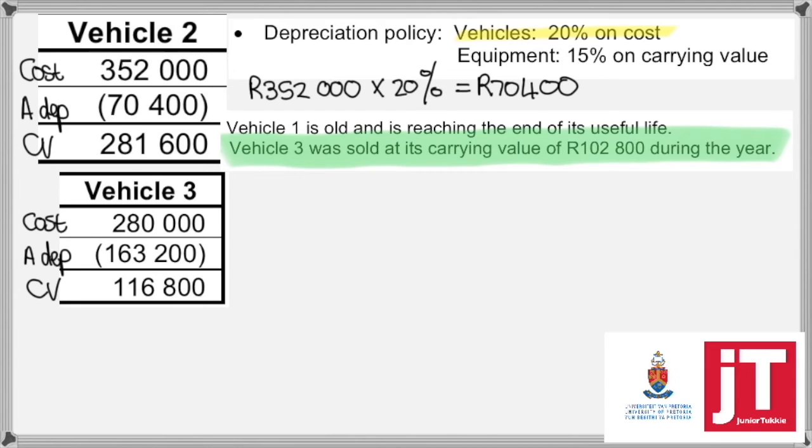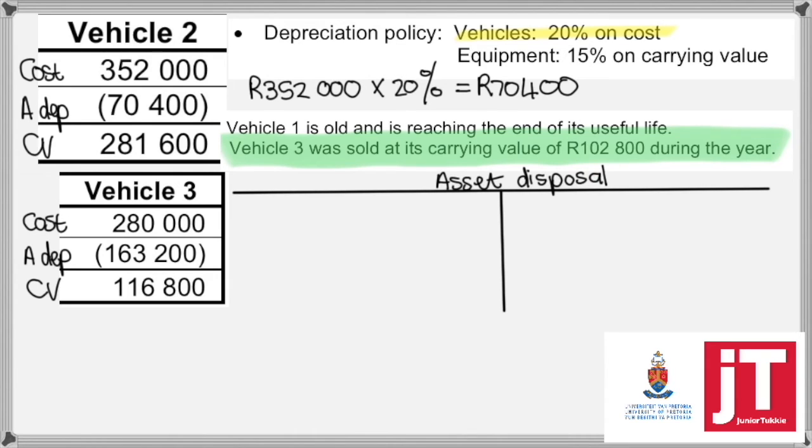But now I need to work out my depreciation for this accounting period. But the problem is now they didn't provide me with the date on which this asset was sold. So to solve this problem, calculating the depreciation, I'm going to open up the asset disposal account.